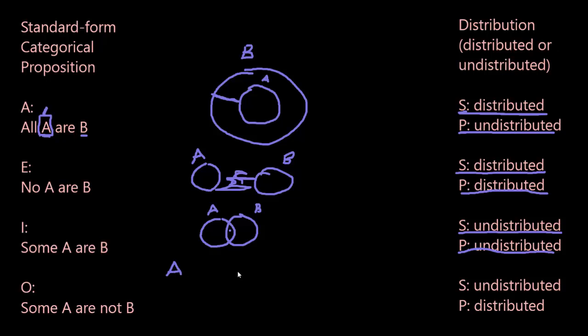But for O statements, we're told that there's something that exists that's in our A category, so just let the A be outside of the B. And it's not a B, which means we know of all of these B's, they're not this A. So in O statements, our predicate gets distributed, but our subject does not.